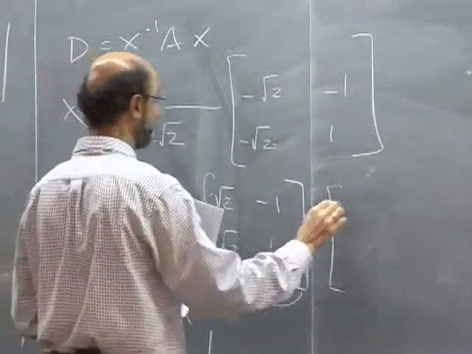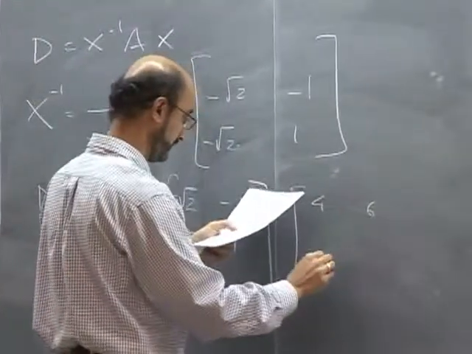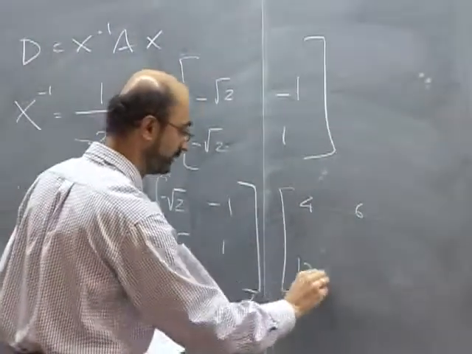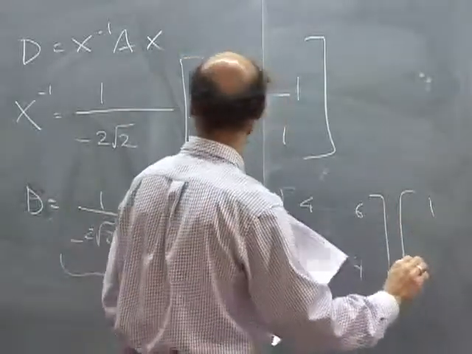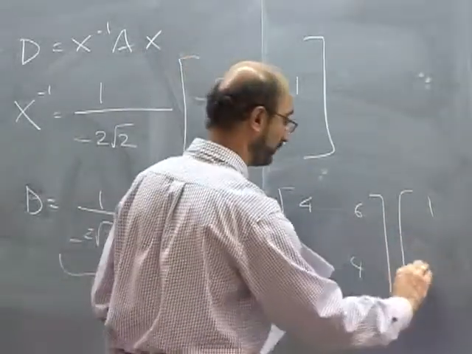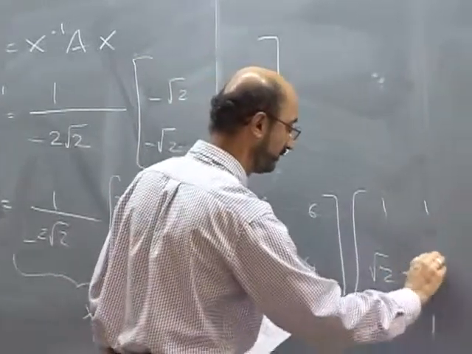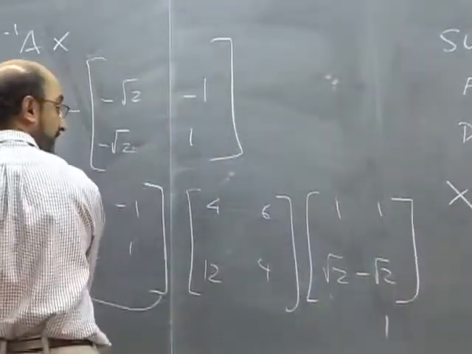And A is just 4, 6, 12, 4, and then X. And X was 1, square root 2, 1, minus square root 2. Okay?